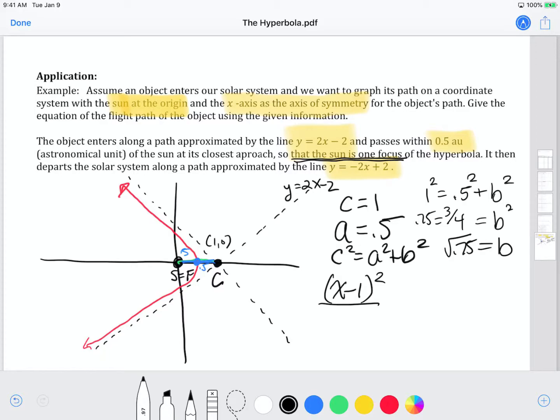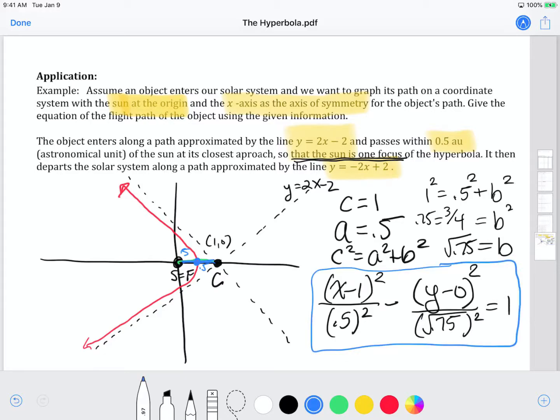My value of a is 0.5, so I'm going to have 0.5 squared, minus (y minus 0) squared over b squared, which is the square root of 0.75, that's my b, and then I square that, which is equal to 1. So this is the equation of the hyperbola that represents the path of this object in space as it comes in towards the sun and then slingshots back out.